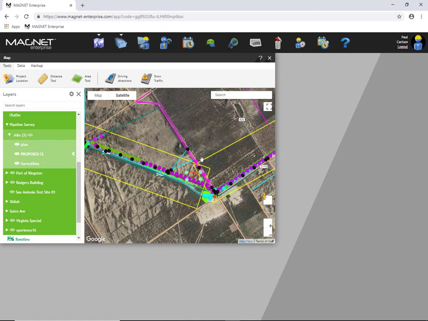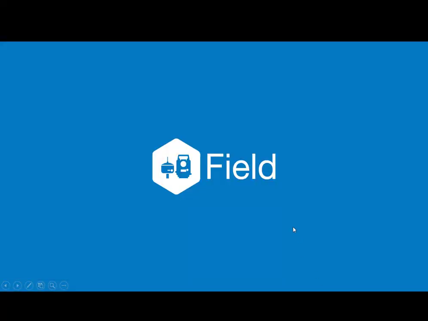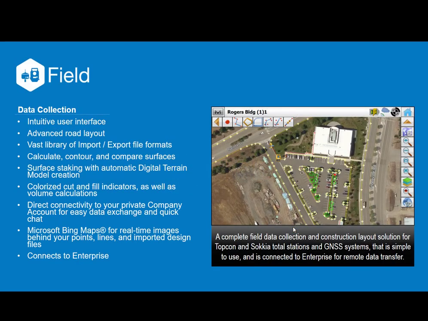Now that we have the basic data here, we can take a look at Magnet Field. Magnet Field is going to be Topcon's field solution connecting to all of our equipment, total stations, robotics, and GPS. Magnet Field has a pretty intuitive user interface.